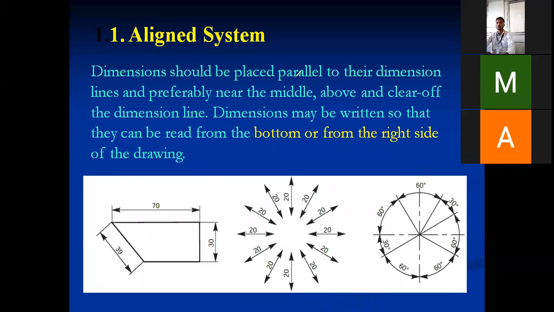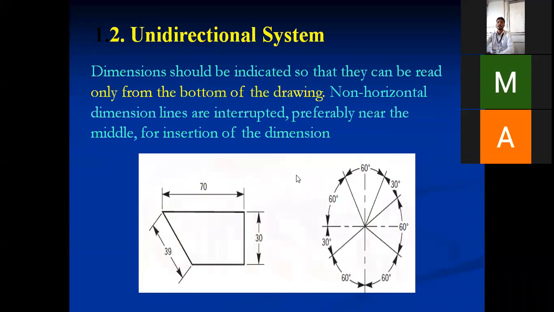That one is important. Next one is the unidirectional system. Uni means only one. Which is the direction to read the dimension? From the bottom of the drawing. In the unidirectional system, the drawing can be read only from the bottom. Okay, that we have seen.